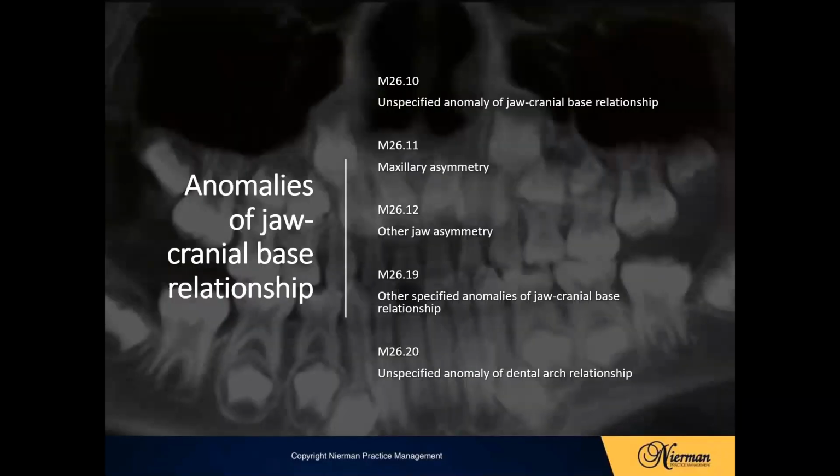This is just a few of them. So it's exciting when you start seeing, okay, this is something that I'm seeing in my patients, and we want to be able to show medical necessity, and that starts with your code and your documentation.